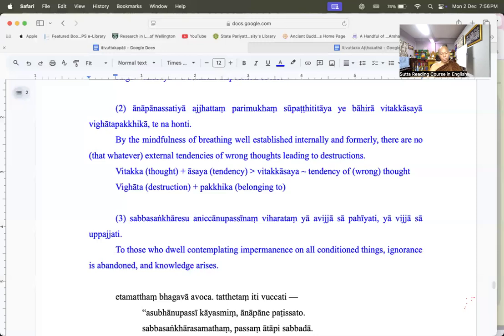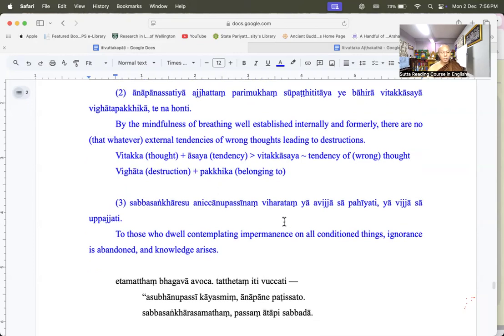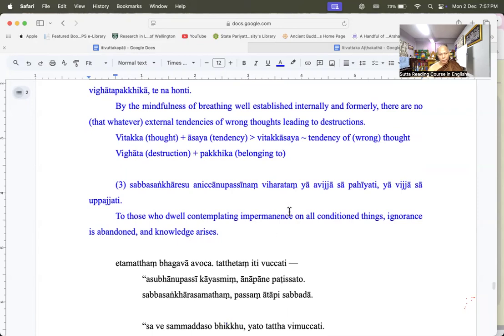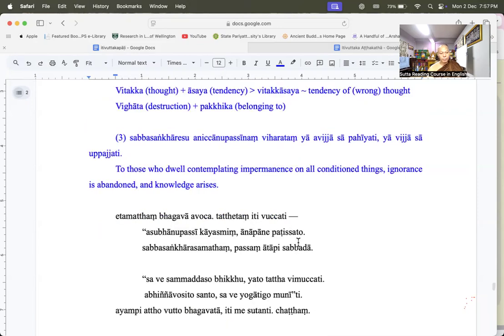These are the results of those three things: contemplating the foul on the body, establishing mindfulness of breathing in and out, and contemplating impermanence on all conditioned things. So one can get such a result.